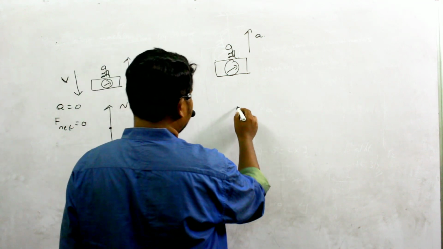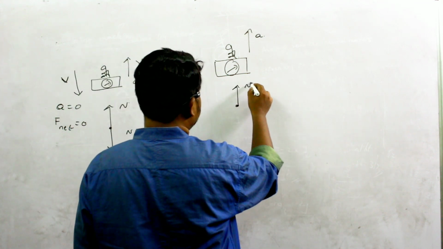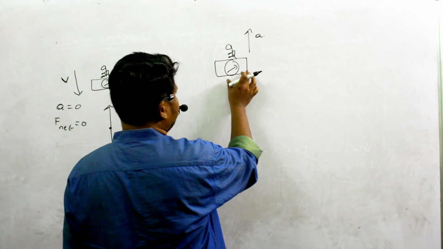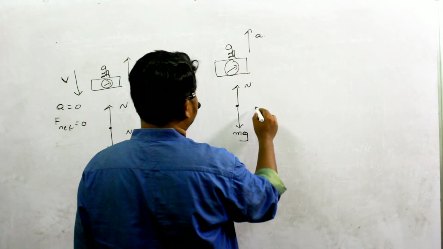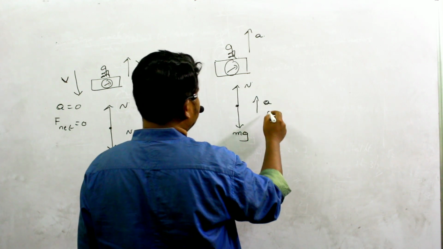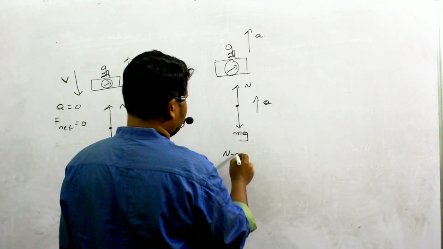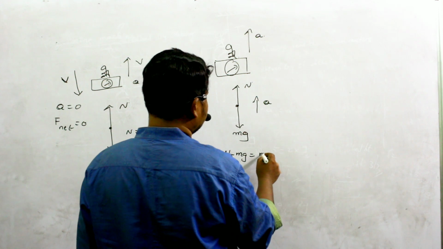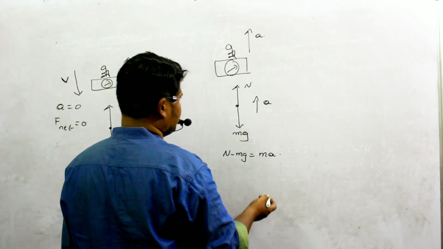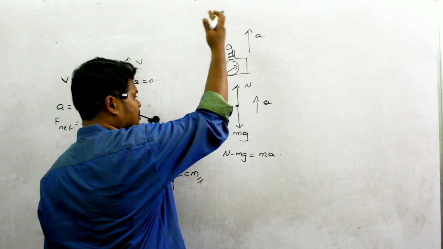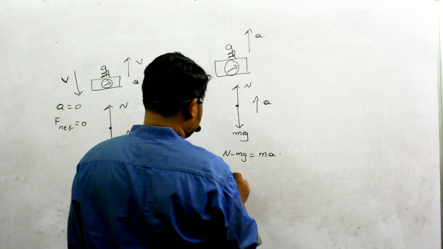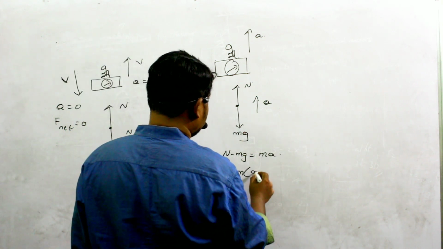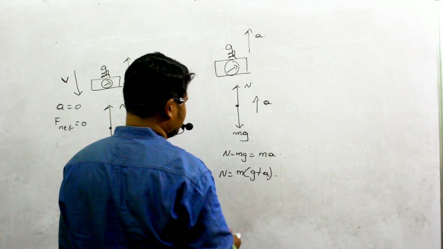So if I draw the free body diagram, this is the normal reaction given by the weighing machine on the person, and this is the weight of the person, and they are accelerating upwards with an acceleration of a. So N minus mg is equal to ma. ma is the net force which is acting on the person who is accelerating with an acceleration of a. So therefore N is equal to m into (g plus a) in this condition.